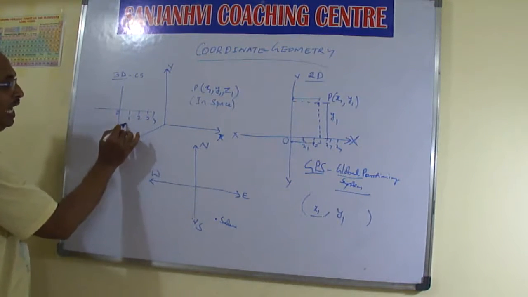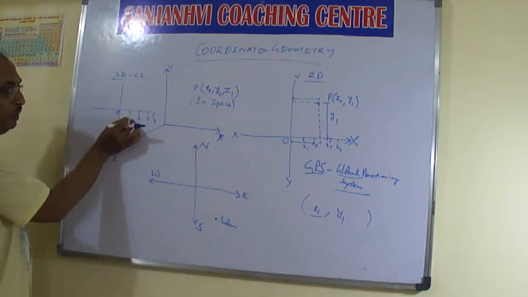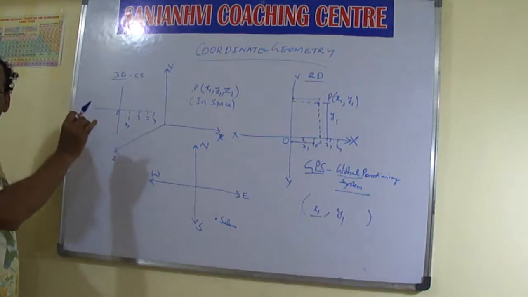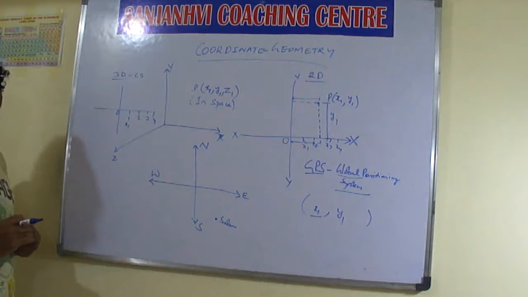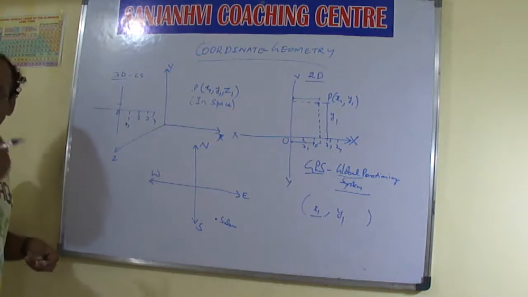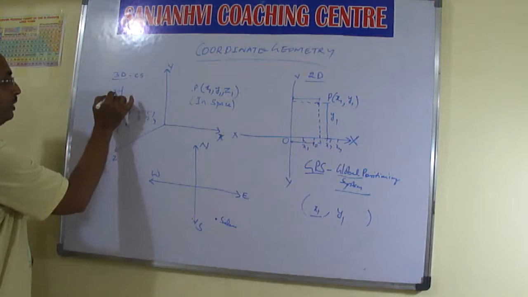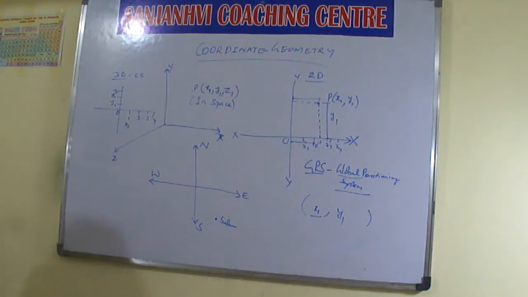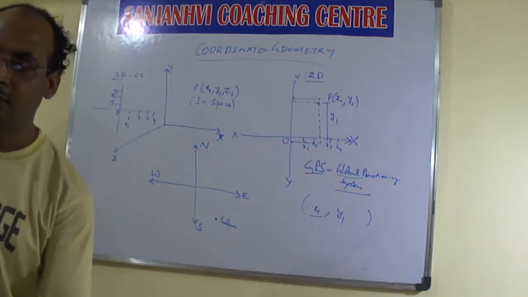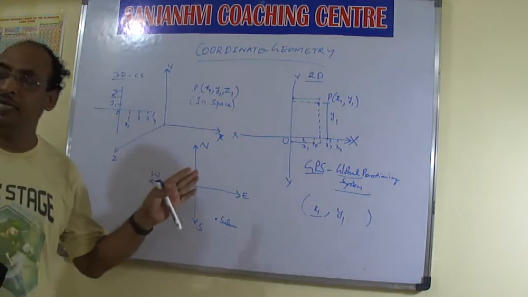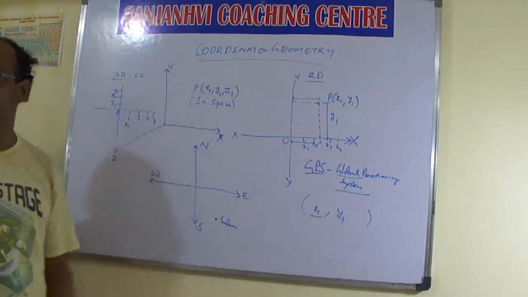Instead of 1, I have written x1 because this will be the value of x on the x-axis, and on the y-axis the value of y, so we can write y1, y2, y3, like this. Any point, not only a specific point, can be x1, y2.